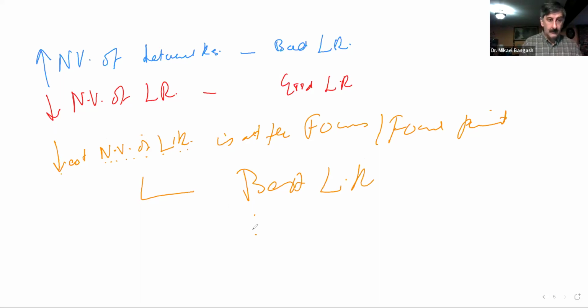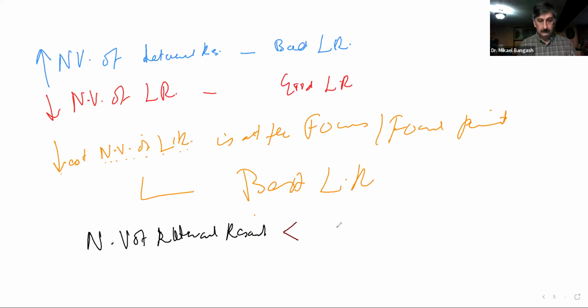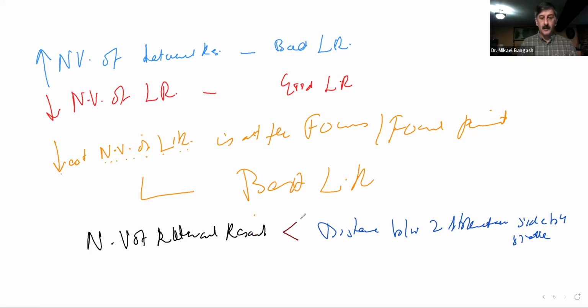So we can still say that if the numerical value of the lateral resolution is lesser than the distance between two structures which are side by side, okay, when the numerical value is greater than the distance between the structures which are side by side, this will lead to a bad resolution.